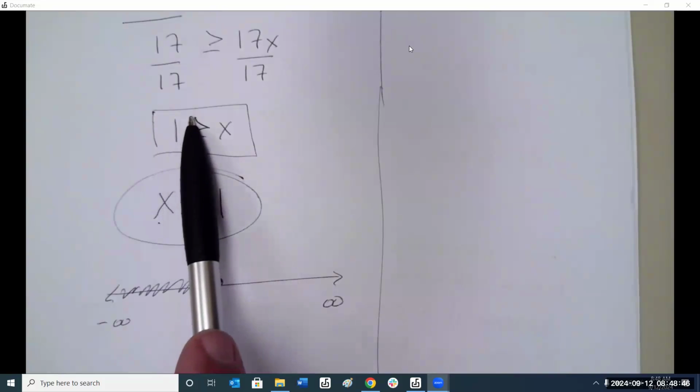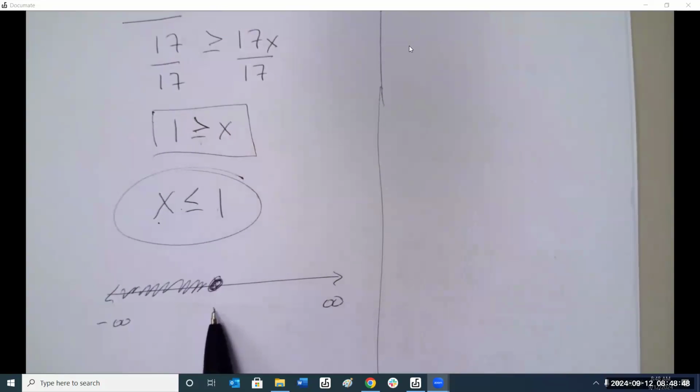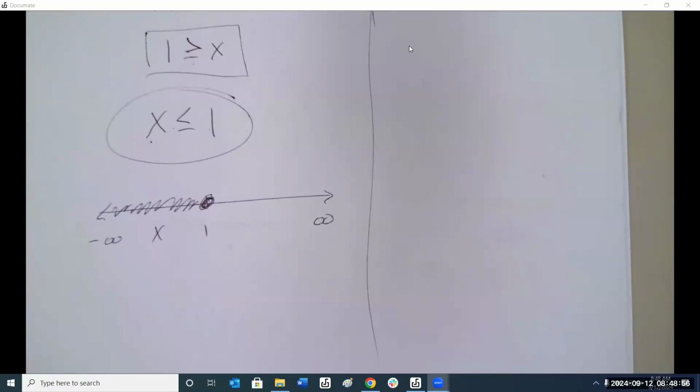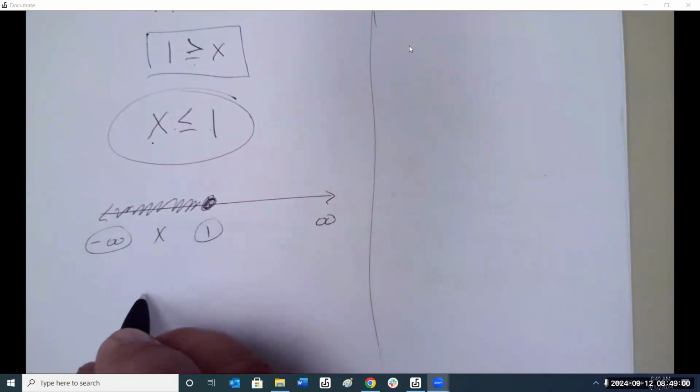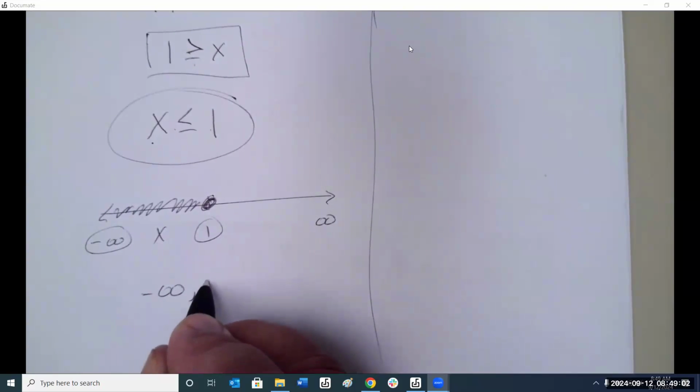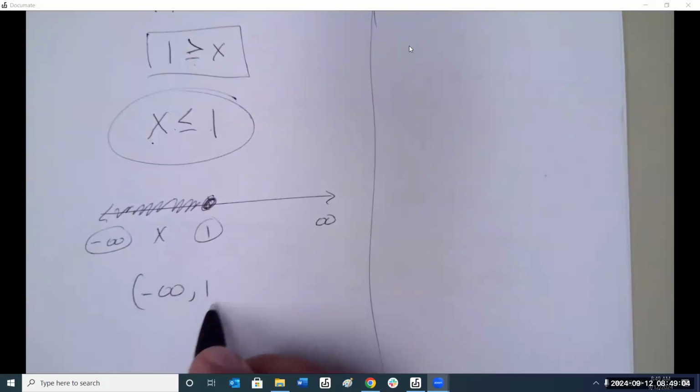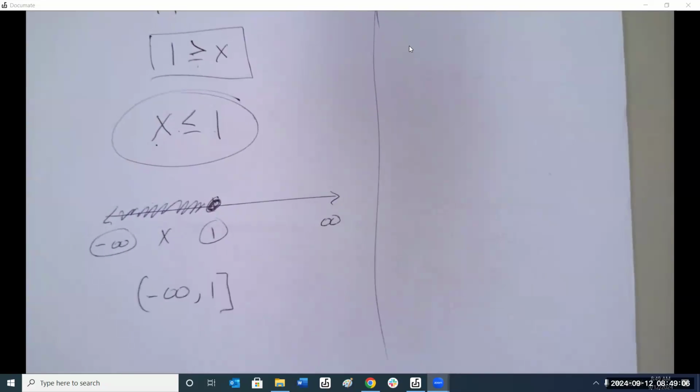If 1 is greater than x, that means x has to be to the left of it, has to be less than x. And in the interval notation, take your endpoints. Parenthesis, this is a parenthesis or bracket. And there you have it.